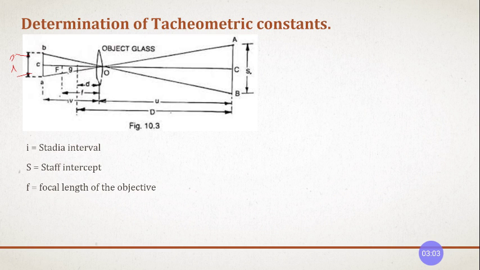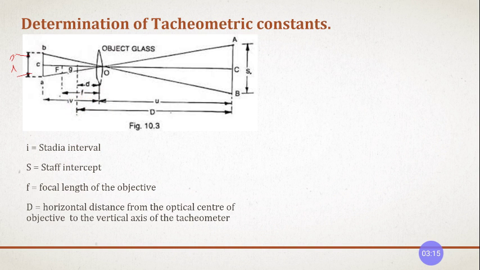D is the distance from the... F is the focal length of the objective. This is your focal length, small f. D is the horizontal distance from the optical center of the objective to the vertical axis of the tacheometer. It is the horizontal distance from the object to the vertical axis of the tacheometer.